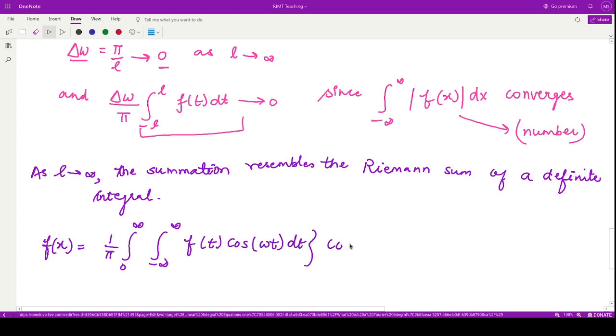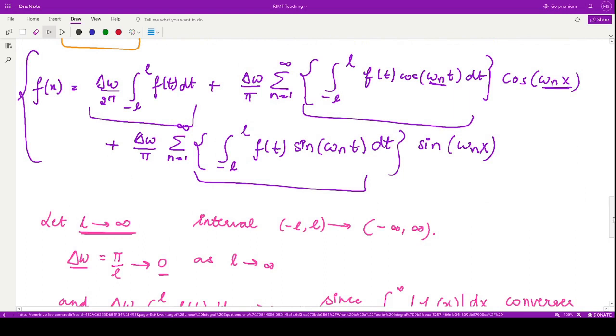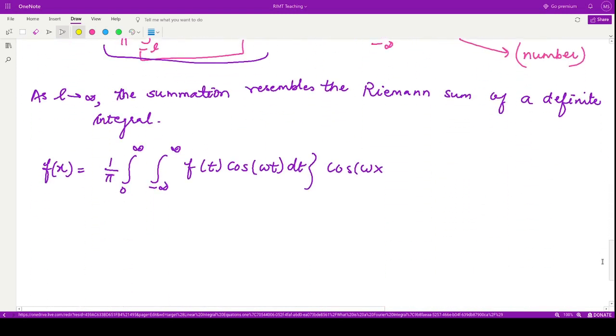into cos omega x. So now if this term is going to 0, that means if you look at your expression here, this first term is going to 0, so this term won't be present in the expression. So we have this term which I am writing now and this term over here, right?